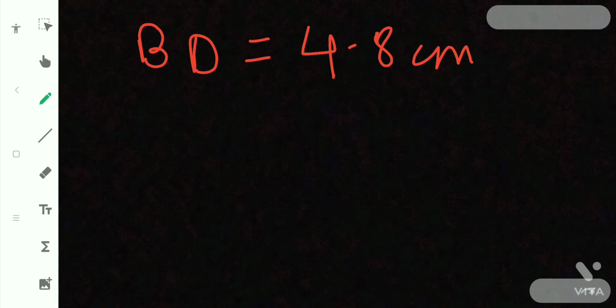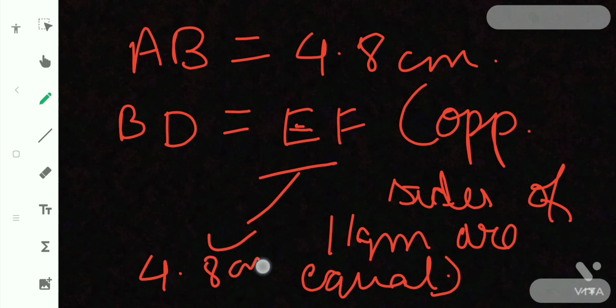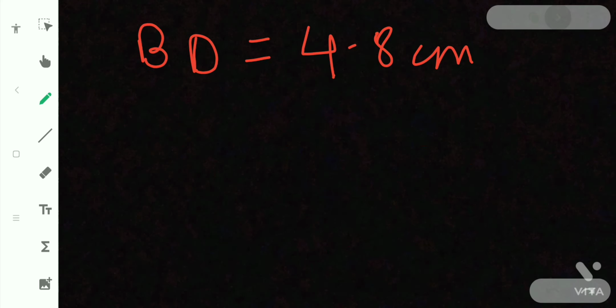So BD will be equal to 4.8 centimeter as EF is equal to 4.8 centimeter.